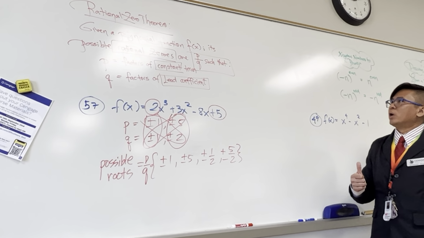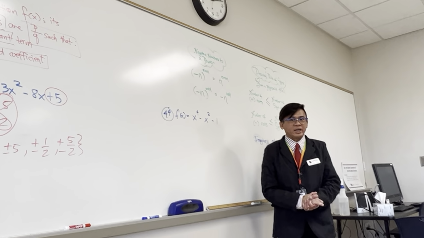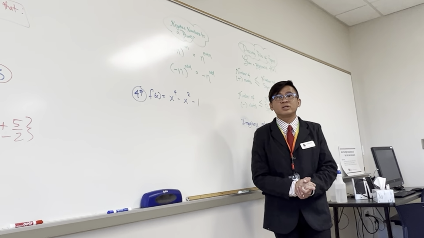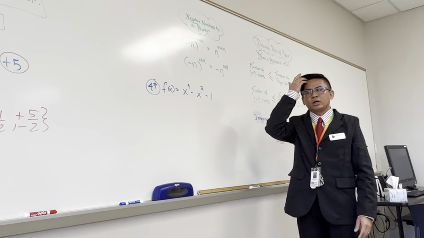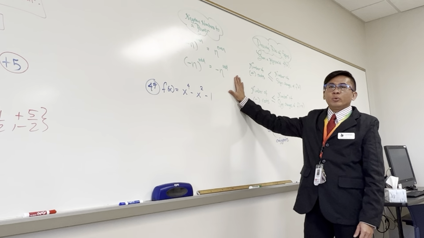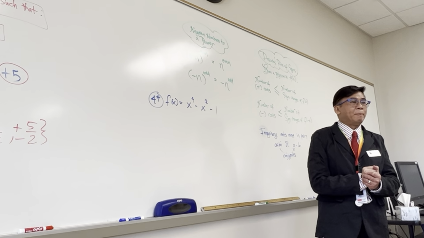Next one, we're going to deal now with what we call Descartes' rule of signs. If you know René Descartes, our Cartesian plane, the x and y axis, it's our René Descartes. Before we do that one, let's deal first with the negative numbers raised to a power.